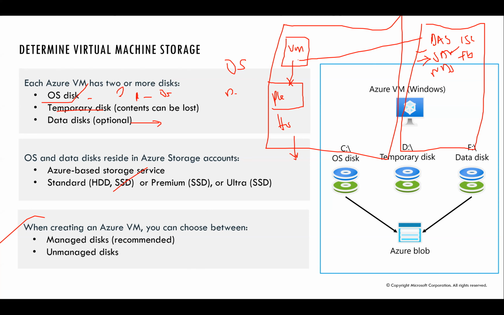The reason it is called a temporary disk is that if for any reason you restart your server, the content of that disk would go, because the disk is not owned by the VM. When you start the VM, it loses that disk, but another fresh one is presented to the VM when it comes up. That's number one.